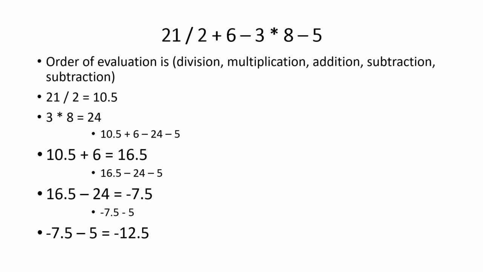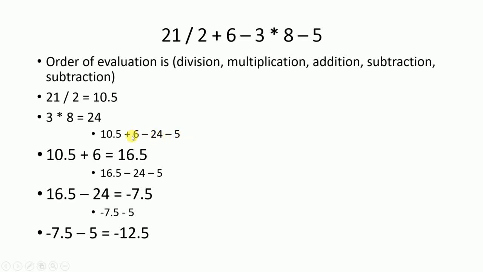So which one will be performed first? It is division, because it is on the left side of multiplication. So 21 by 2 is 10.5. Next multiplication will be performed. 3 into 8 is 24. So this expression is transformed into 10.5 plus 6 minus 24 minus 5.